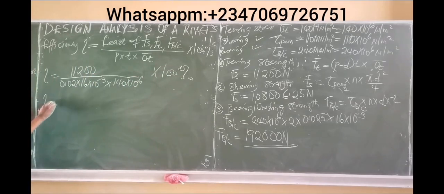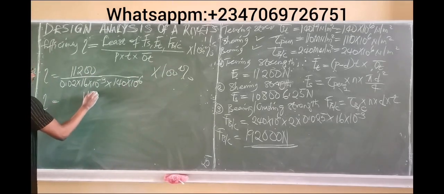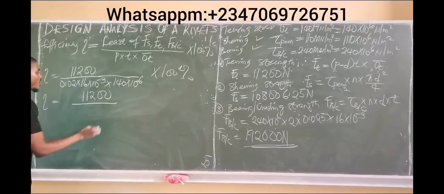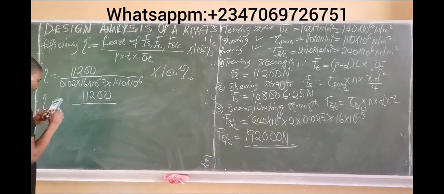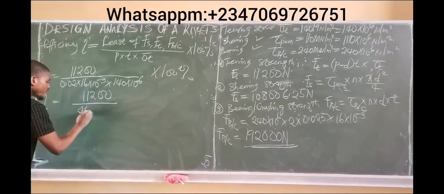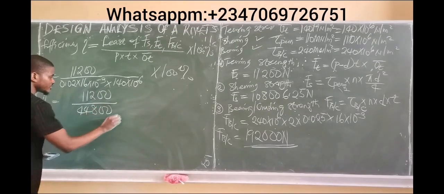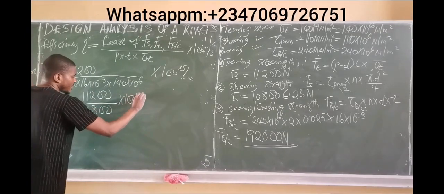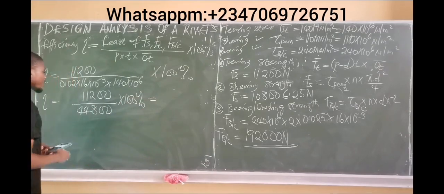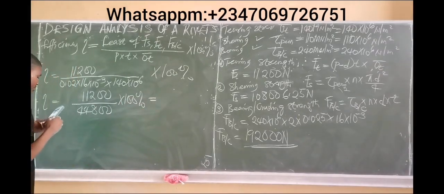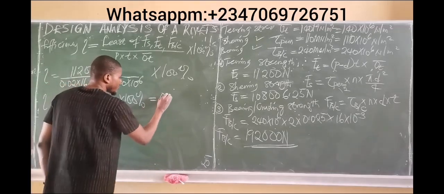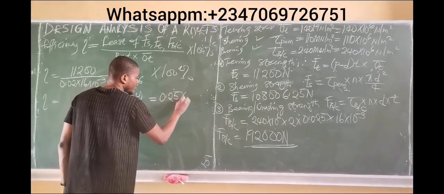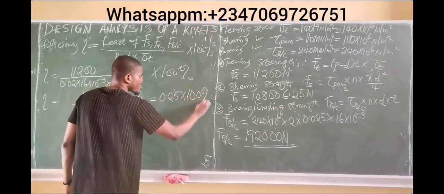So efficiency is equal to 11,200 all over, let's point everything at the denominator, we have 44800, multiplied by 100%, and this is equal to 11,200 divided by that answer. That gives us 0.25 times 100%.